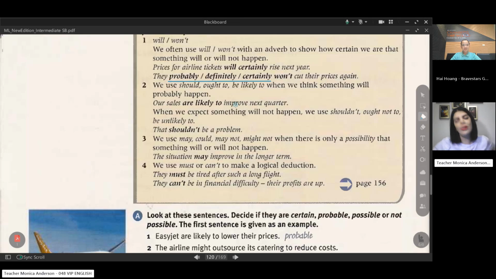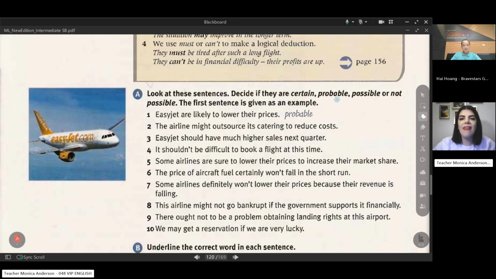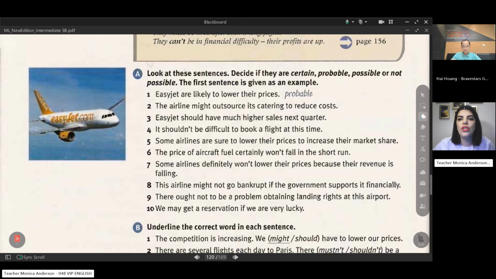Now let's have a look at these sentences. Decide if they're certain, probable, possible, or not possible. We have an example, number 2. The airline might outsource its catering to reduce cost.